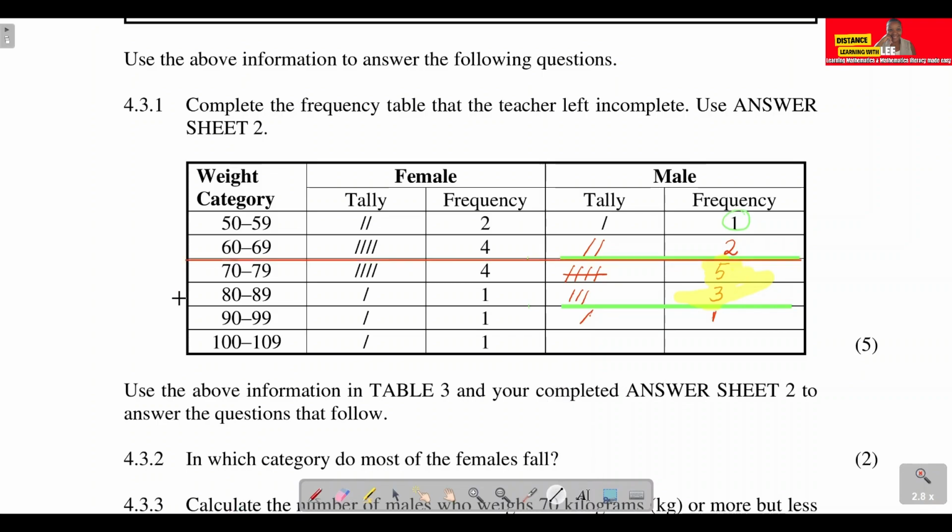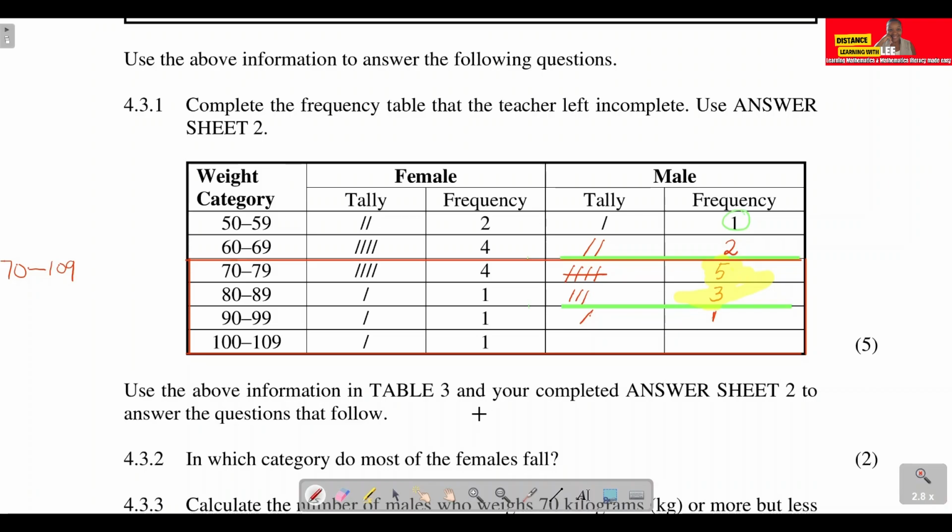And we want to count how many learners we have there. Okay, so that is the favorable outcomes. So from 70 going all the way up until 109, we want to count the number of learners that we have there.